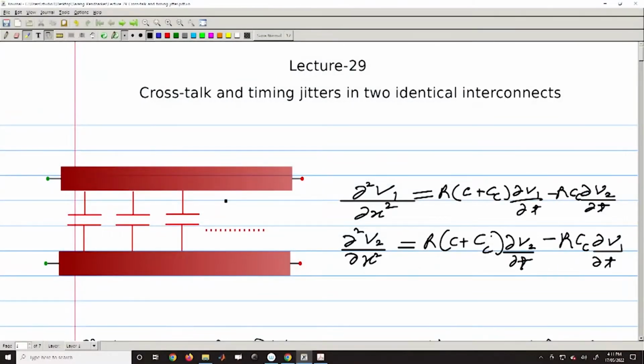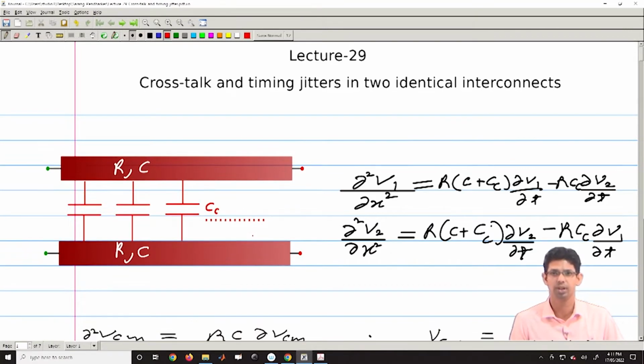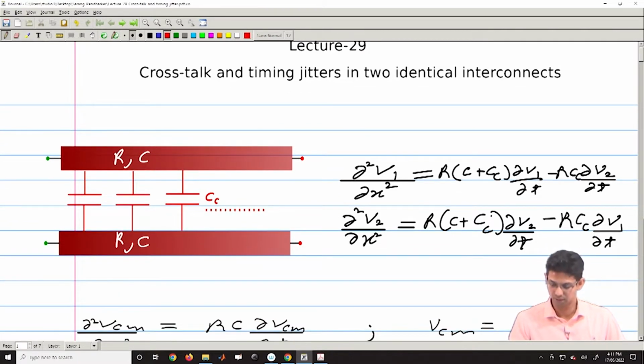Here let us very quickly recap the three steps that we had seen in the analysis of coupled interconnects. If I have two coupled interconnects, I am assuming identical interconnects of resistance R and capacitance C, and I have a coupling capacitance Cc, which is also distributed in nature. For this, my voltages are governed by these two coupled equations.